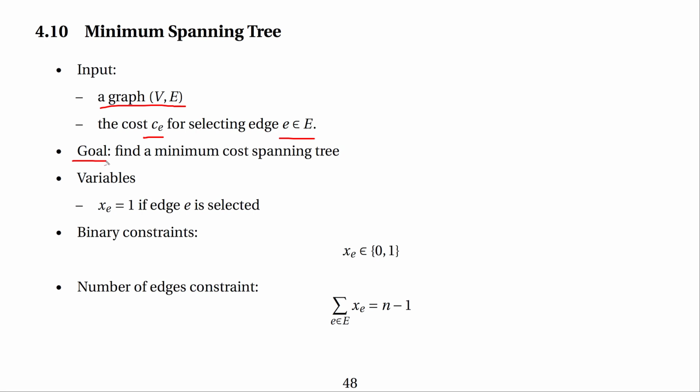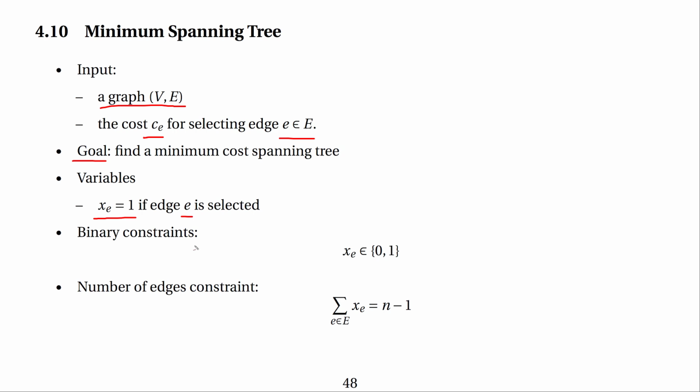Our goal is to find the minimum cost spanning tree. As variables, we have x_e equals 1 if edge e is going to be selected. Now we're using e instead of i as index to index the variables.